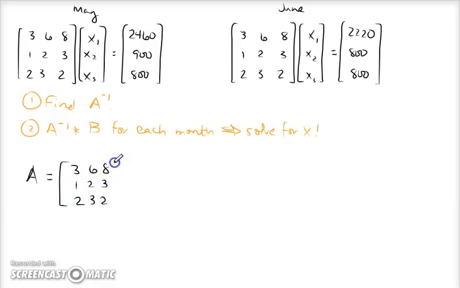Because again, that's the one that's going to repeat every single time. Once you've done that, I'd like for you to go ahead and find the inverse matrix on your calculator. This would be a good place to pause the video, get it into your calculator, and then come back to check your answer.